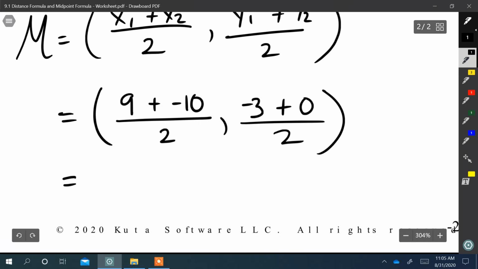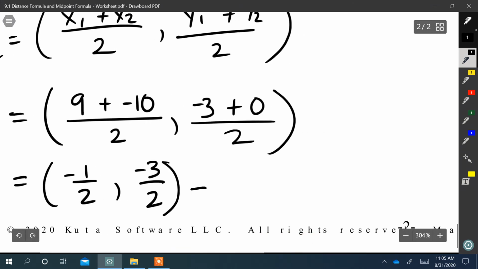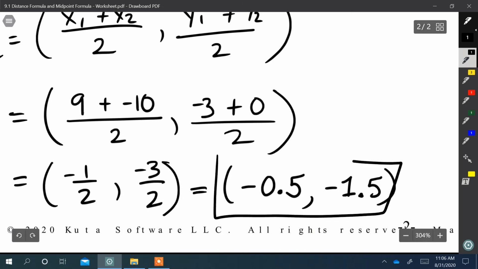Those are all going to give me decimals, so 9 plus -10 is going to be -1 over 2, comma, -3 over 2. I'm going to write those as decimals, and it's going to be -0.5 when you use a calculator. Well, you don't really have to use a calculator. And then -3 over 2 is -1.5. And that right there will be your final answer.